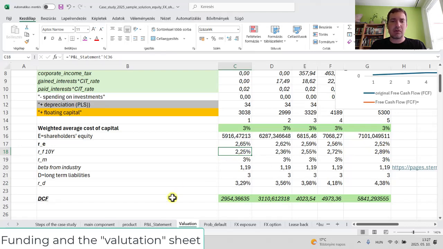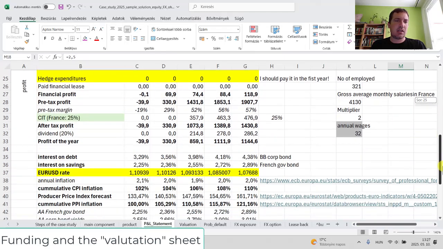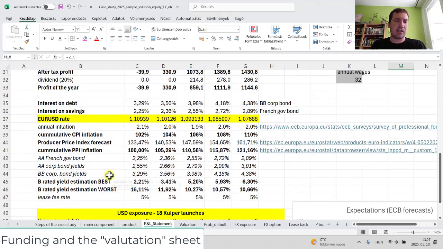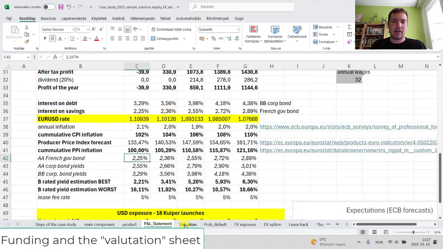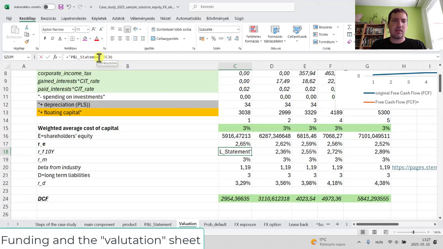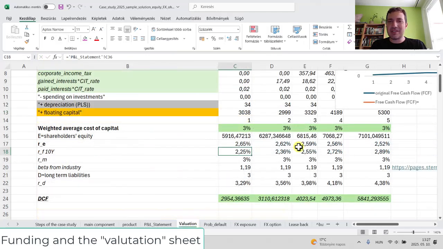This is coming from somewhere here: French government bond yields. C36, which is here, but they are also coming from here. Okay, Excel is a bit redundant, but we can see that.